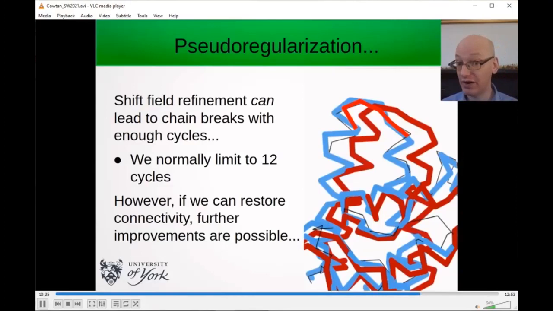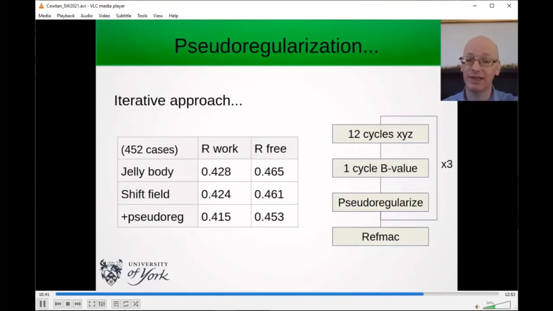And this is very, very fast. It's essentially instantaneous, but it does fix all the breaks that can be introduced. So we can implement this in an iterative method. We do 12 cycles of XYZ refinement. We add an extra cycle of B value refinement, and then we do the pseudo-regularization. We do this 3 times, and then we go into RefMac.